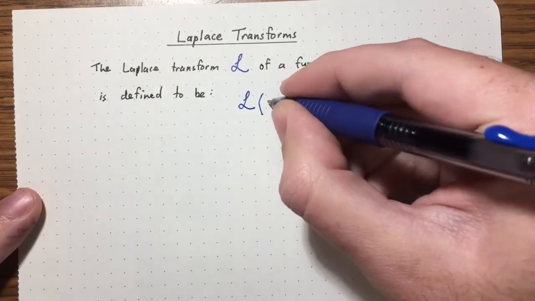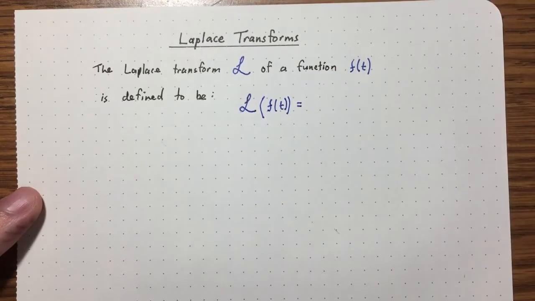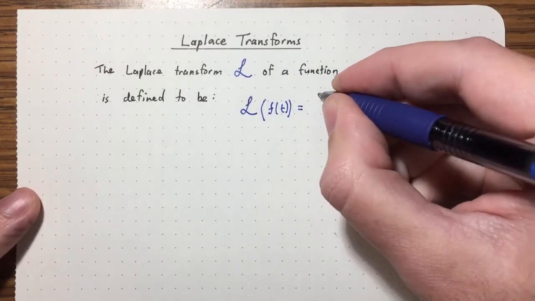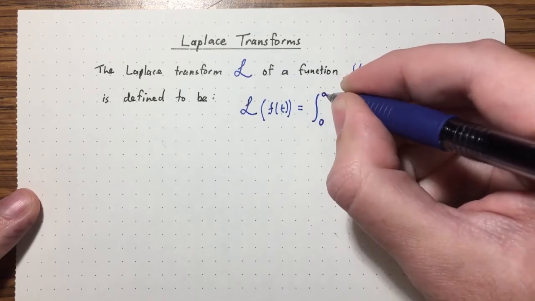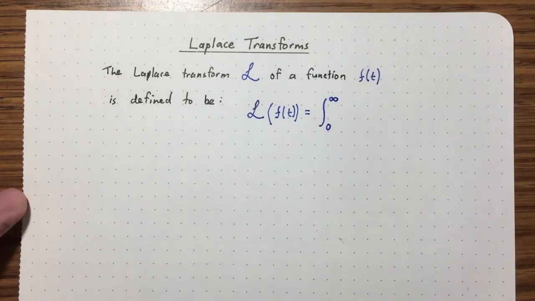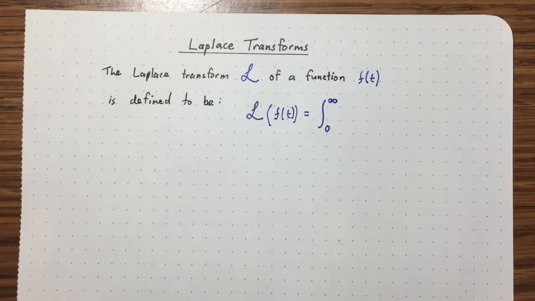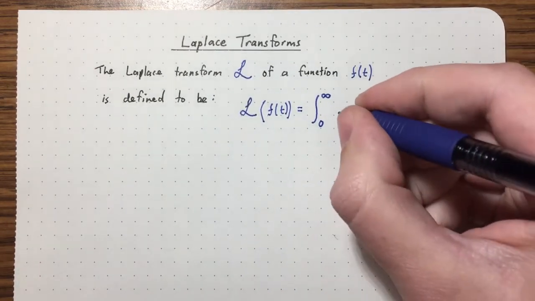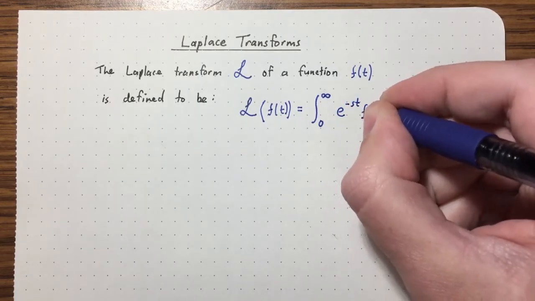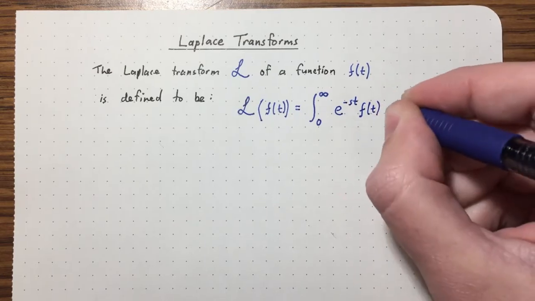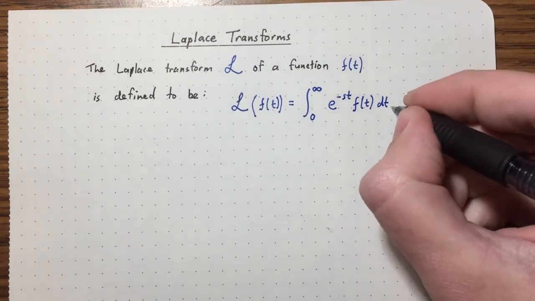L of f of t is an integral from 0 to infinity. So it's an improper integral, and the upper limit is infinity. What is the function we're integrating? e to the negative st times our function f of t, dt. And that's all the Laplace transform is.